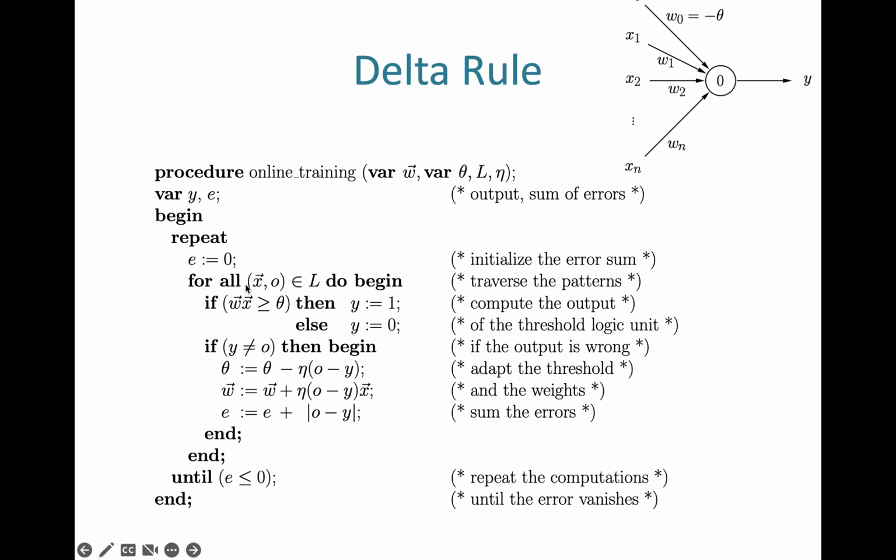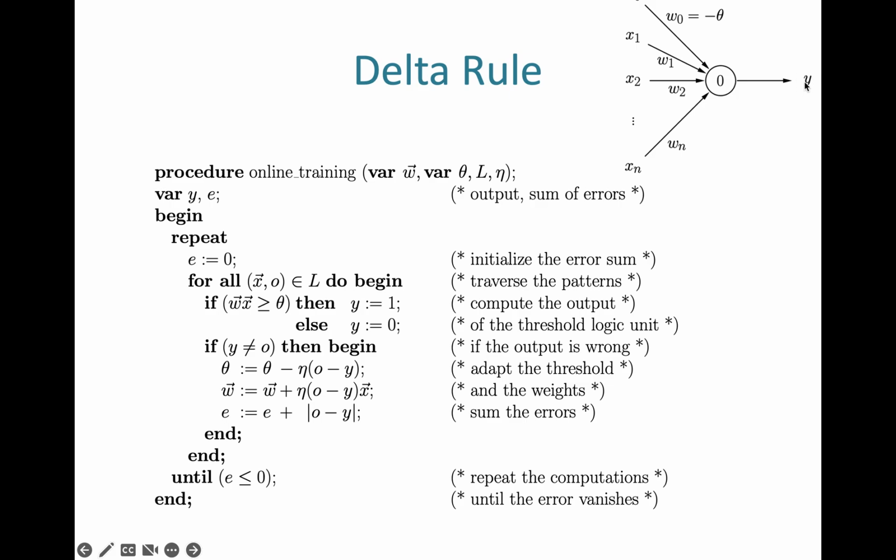So you have a for loop over a training data set, and we have the outputs. We multiply the input by the weights and check if that's larger than the threshold. If it's larger, we output 1. If it's not larger, we output 0. So what we are doing simply is this feed forward pass. We take the input, multiply by the weights, and then the neuron says, is it larger or smaller? And we output a value.